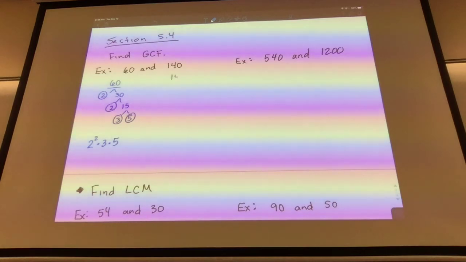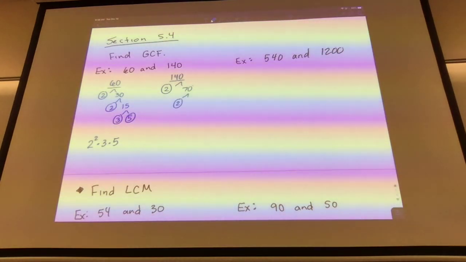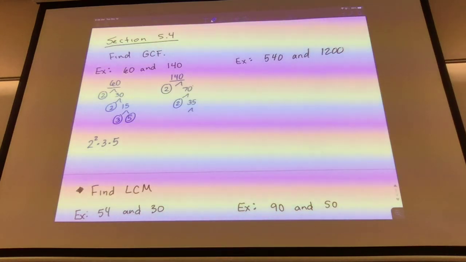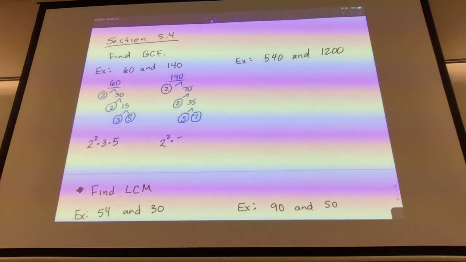Over here, I'll do the same thing with 140. And the more that you do these, the faster you'll get. So 70 is 2 times 35. And that one's just going to be 5 times 7. 5 is prime and 7 is prime, so it's 2 squared times 5 times 7.